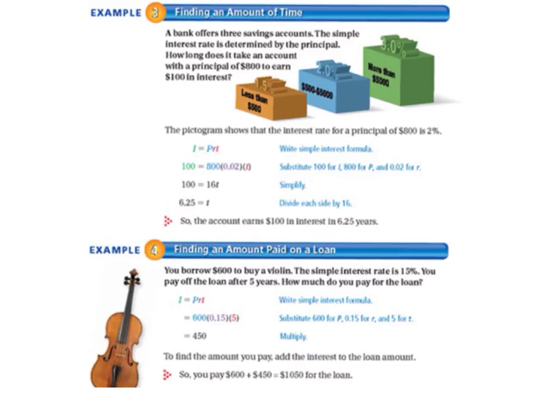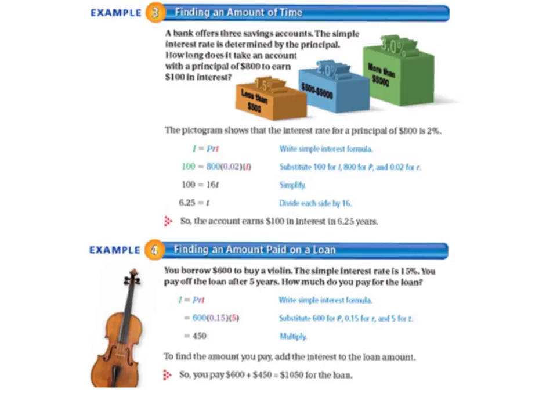Now in example 3, we're finding an amount of time. A bank offers 3 savings accounts. The simple interest rate is determined by the principal. How long does it take an account with a principal of $800 to earn $100 in interest? So here's our options.